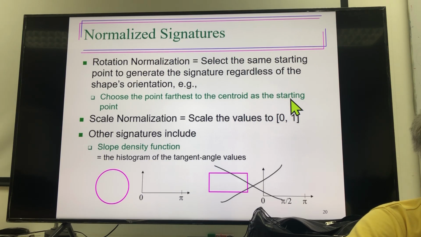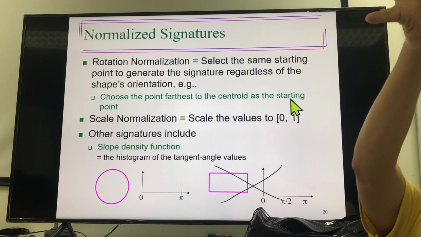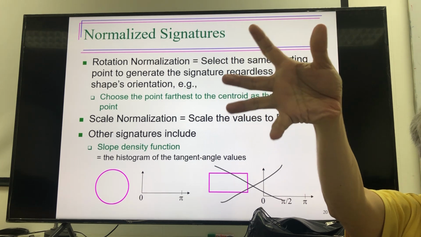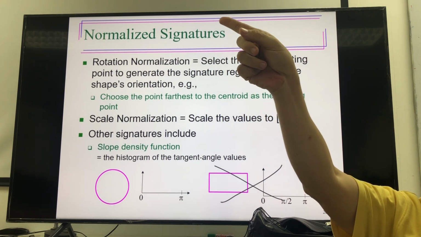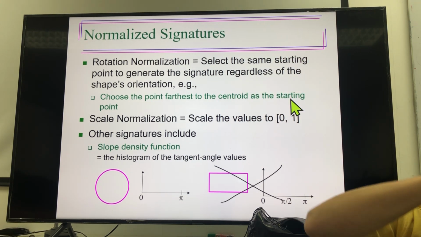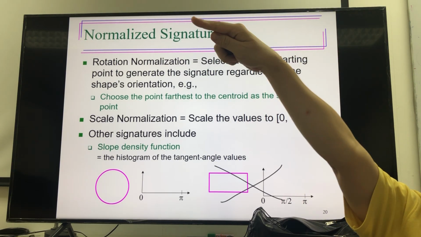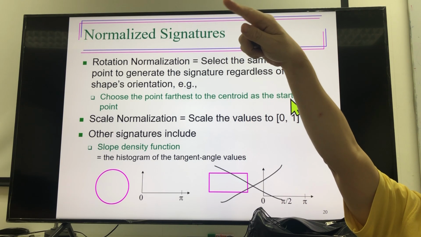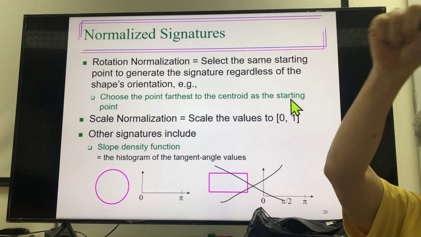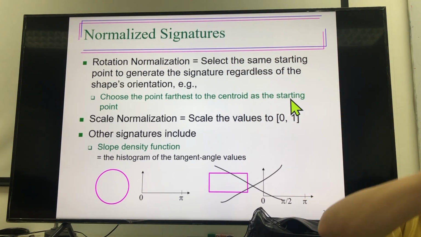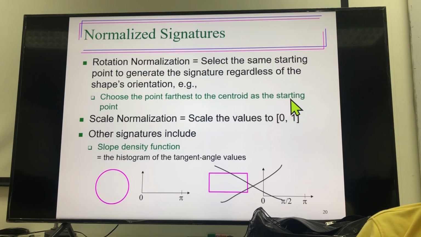So if you have any shape that is rotated, and you start with the point of longest distance from the centroid, then every shape, even though it's rotated, ends up with the same signature. That's called rotation normalization.